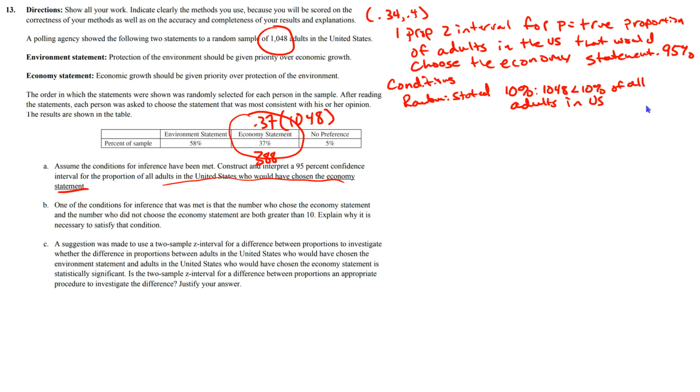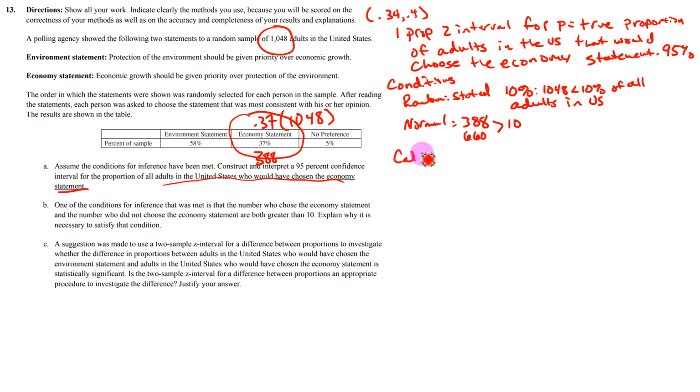Okay, we'll just deal with it. Normal: 388 and 1048 minus 388, which is 660, are both greater than 10. So there's our conditions. I know it says to assume, but I just wanted to show that.